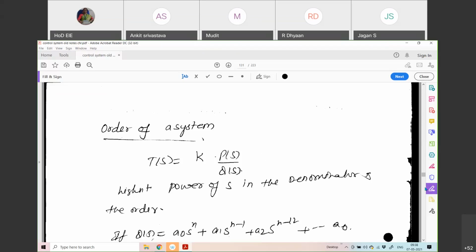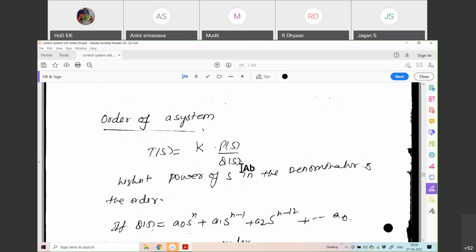Now, when you look at the denominator, the power of the denominator indicates the order of the system. So remember, this is also one form of a transfer function. T(S) is given as K into P(S) by Q(S), and the power of the denominator indicates the order of the system.